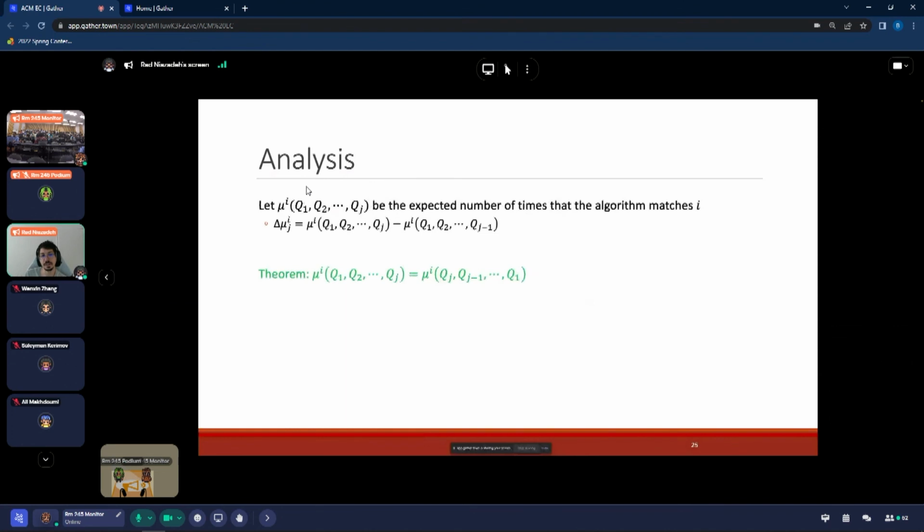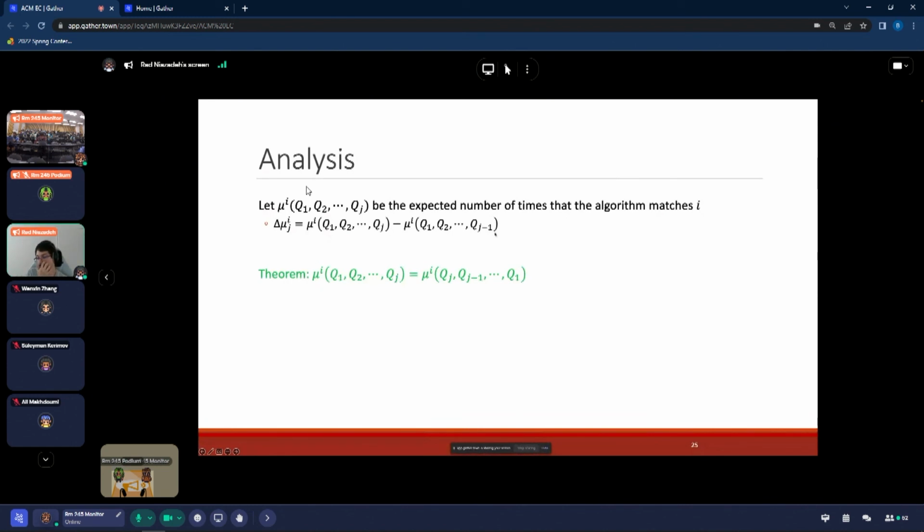The way that we analyze the algorithm is using a simple and yet very useful observation. Let mu_I(q_1, ..., q_j) be the expected number of times that the algorithm matches vertex I. Based on this definition, delta mu_ij is basically mu(q_1, ..., q_j) minus mu(q_1, ..., q_{j-1}).